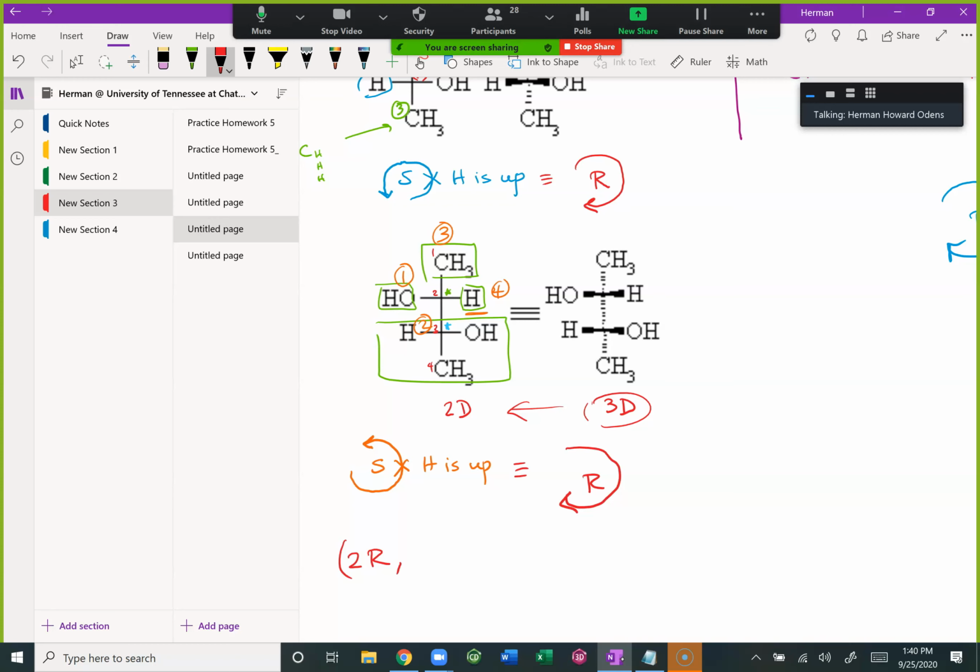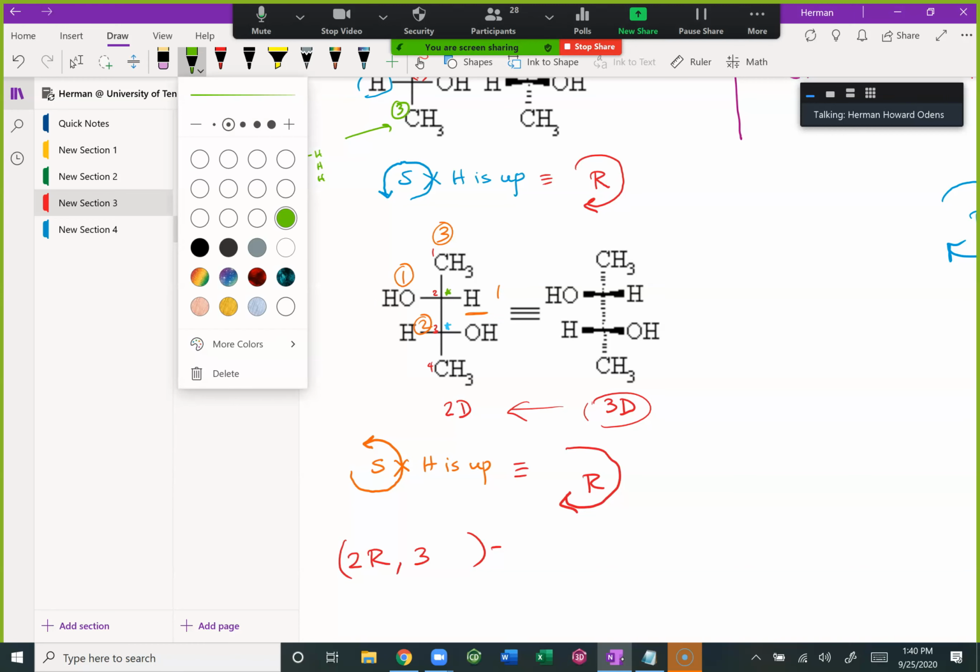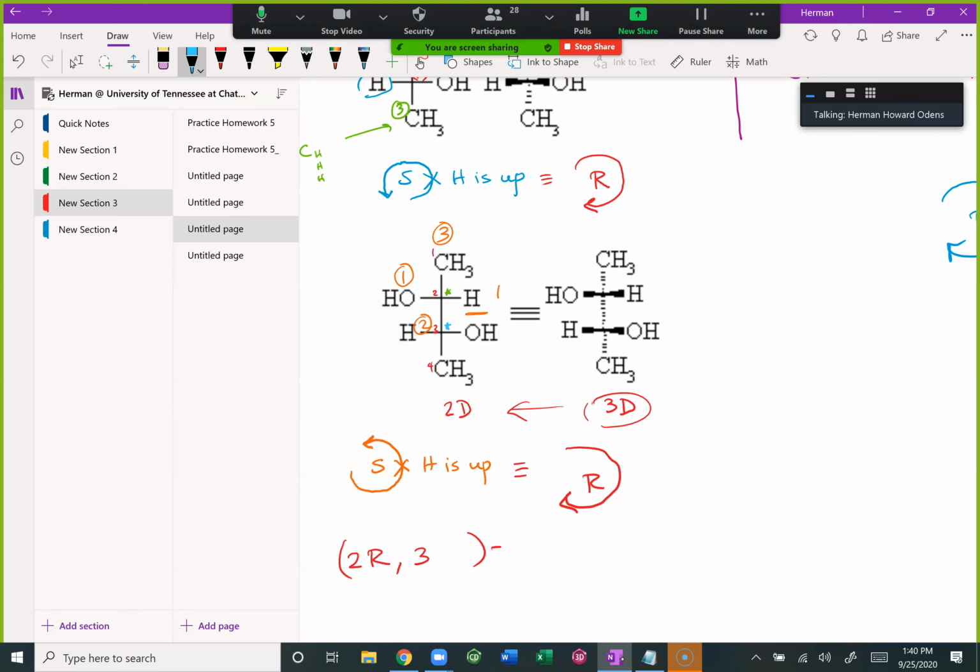All right, let's do carbon 3 now. Let's see what we have. So for carbon 3, I'm going to delete these blocks in green. I'm going to deal with them in sky blue. I'm going to delete these things too.